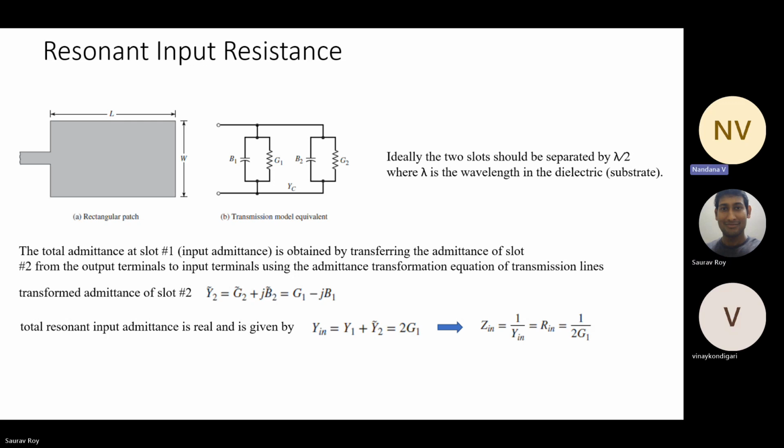Input resistance is actually a calculation of admittance, right? Yes, I understood that. How the main portion is the transform of the admittance of slot 2, that is what you have to see, because we have to look at port 1 only. That is the input port. Okay.